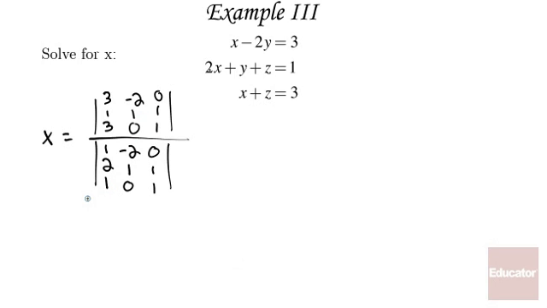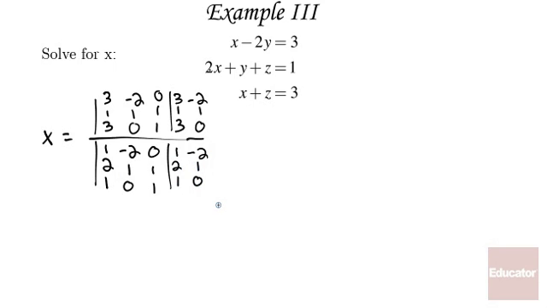We went over a couple of methods to do that, expansion of the minors and the diagonal method, and I'm going to use the diagonal method. The first step of the diagonal method is to copy over the first 2 columns. So up here, 3, 1, 3, negative 2, 1, 0. Here, 1, 2, 1, negative 2, 1, 0.